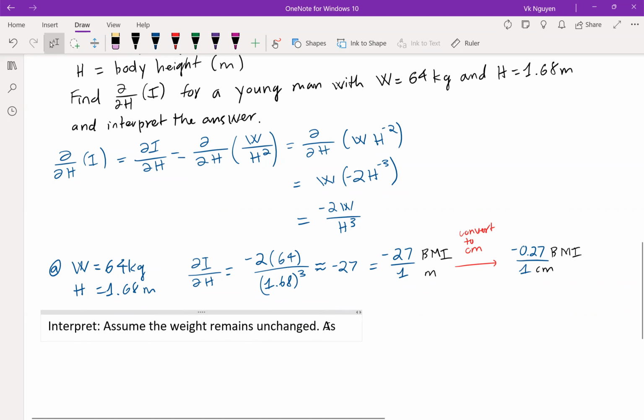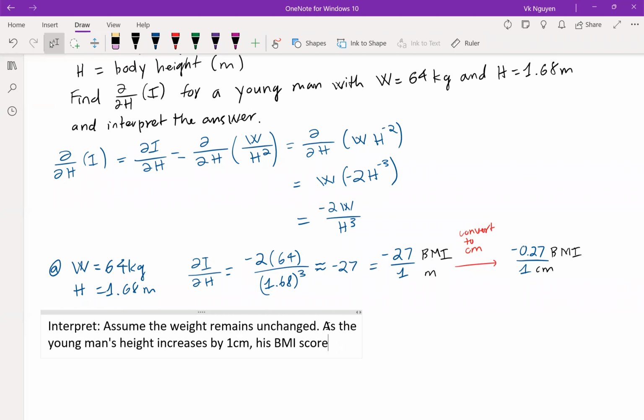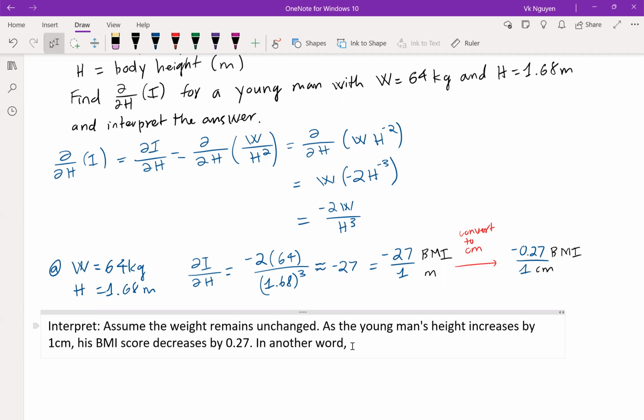As the young man's height increases by 1 centimeter, his BMI score decreases by 0.27. In other words, you want to say that the young man is getting taller and skinnier. That is what happened in this problem.